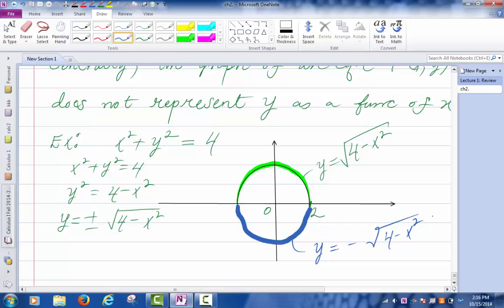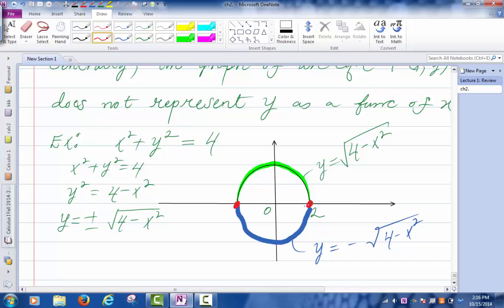Now, how did I break up the circle? What are the points where I broke it up? Well, those are the points right here, right? And right here, right?